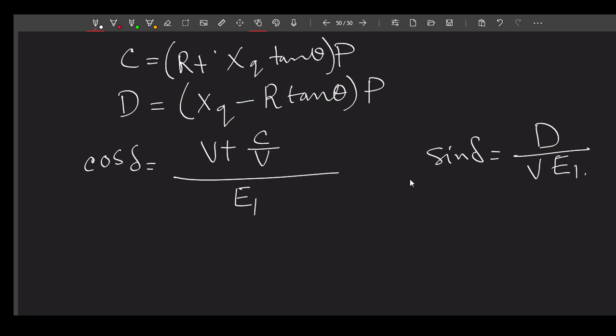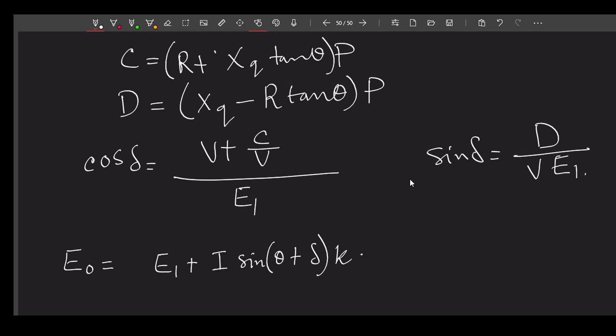Now what you will have here is that E naught is equal to, into, let it be k.